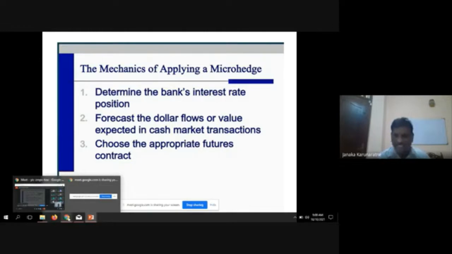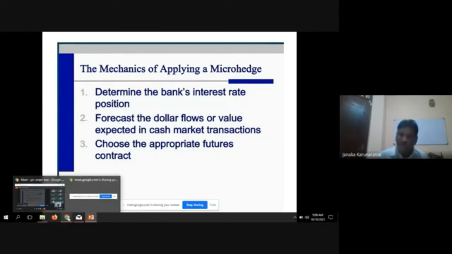So let's say today the price is on a par value of 100. Today it is trading at, let's say, 92 on a par value of 100, right? So if the interest rate rises, let's say the price comes down to 88 per 100 par value. That means the instrument dropped by 4 rupees.